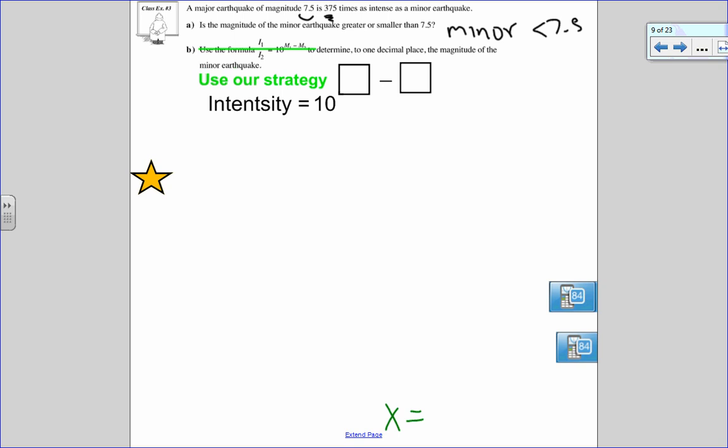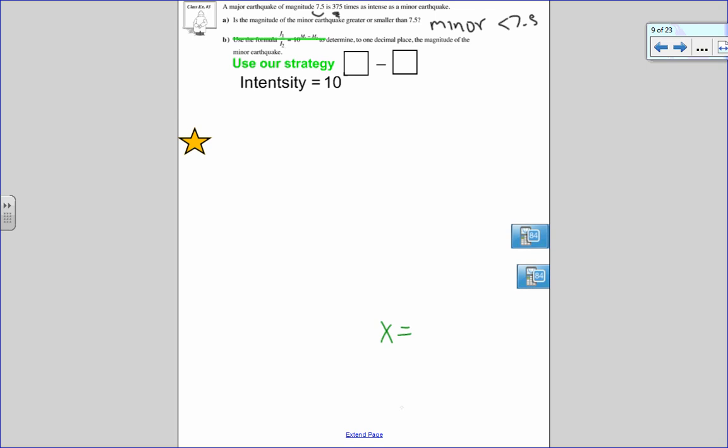So let's use our strategy to do this instead of the formula that they have on your sheet. Okay, so we're going to go 10 to the 7.5 minus the minor, which we don't know, is going to equal 375. So normally that's what we're solving for, the 375. This time we're actually just solving for our variable.